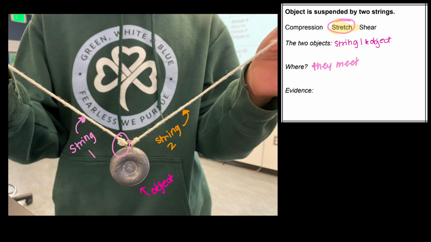And the evidence that there is a stretch happening is that we can see along the string that it is what we might say is taut. So there's a little tightness that we can feel when we're holding this up. We can also see that the object feels different. So when we put this down, the string changes shape.